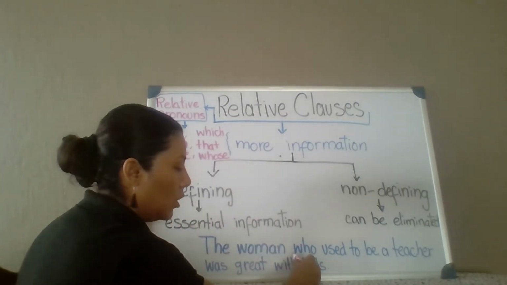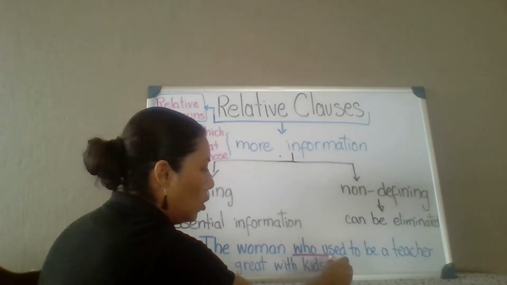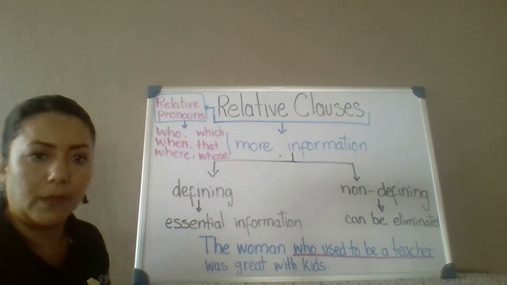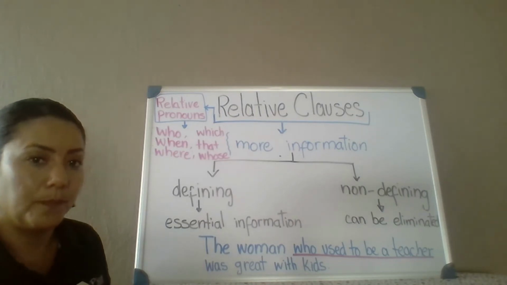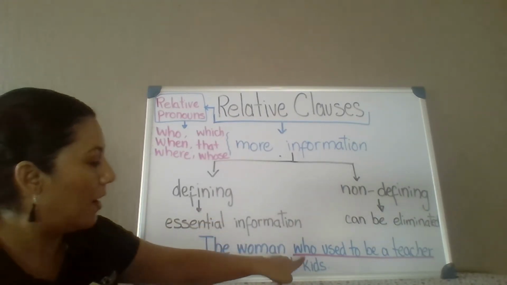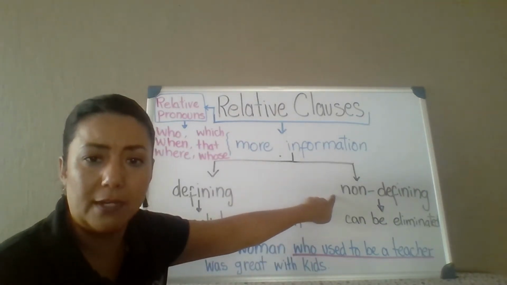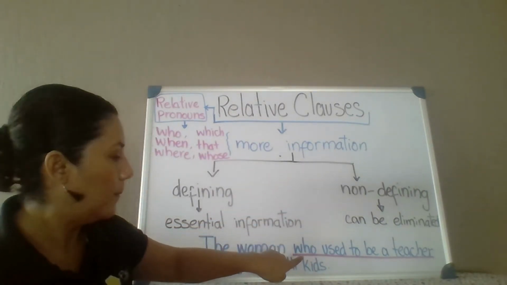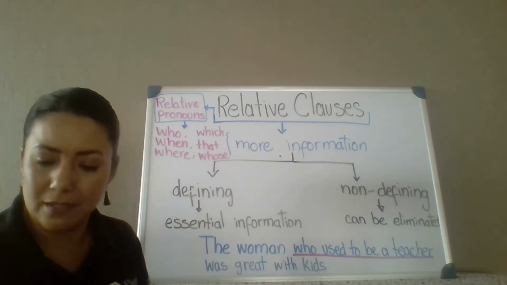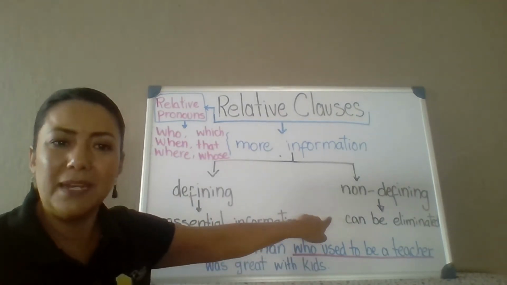It starts here. Who used to be a teacher. Yep, up to there. Now, this is an example of non-defining relative clauses.